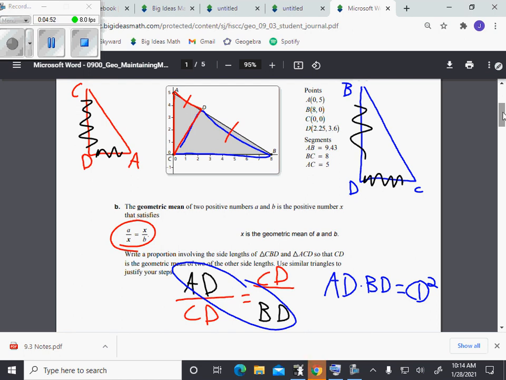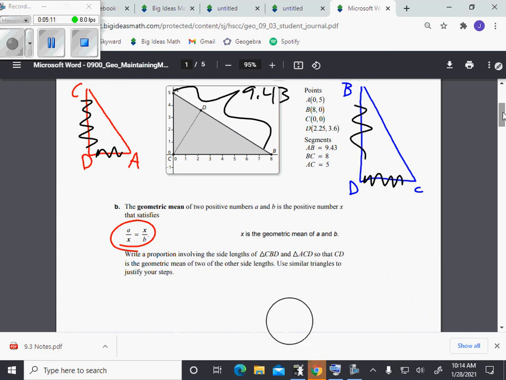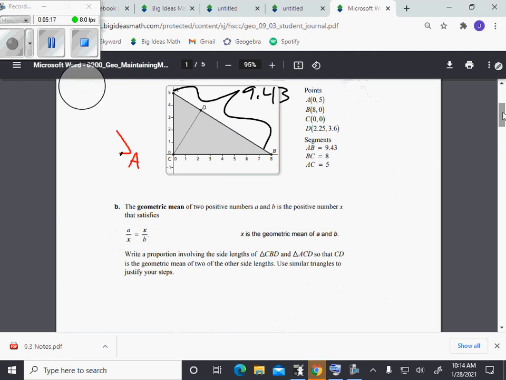And you know what we don't have? Those two lengths. What we do have from over here is this length, 9.43. That does not help us in this ratio. So we are not going to use this ratio, at least for this part. We'll use that ratio later.